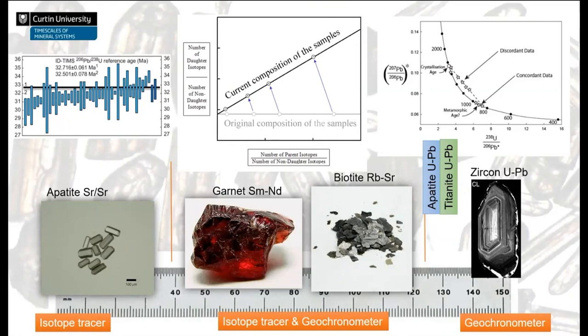Okay, so what we're basically going to stick at in this talk is look at apatite uranium-lead and titanite uranium-lead. So they're right down the end of being a good chronometer, and less information about source, where the fluids that maybe produce these crystals grew from.